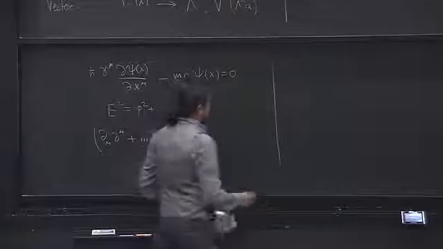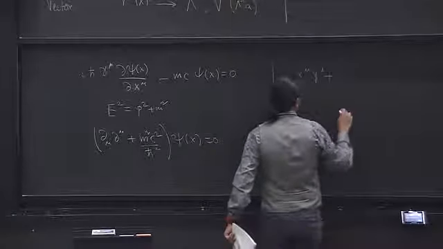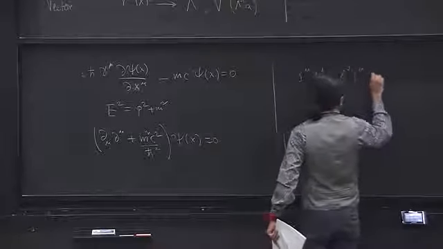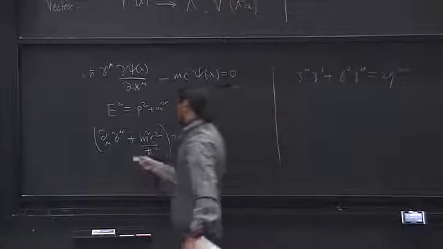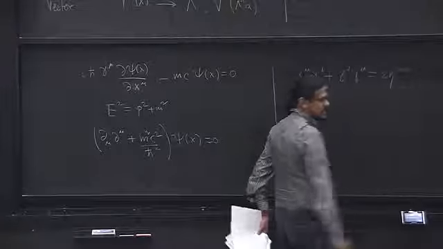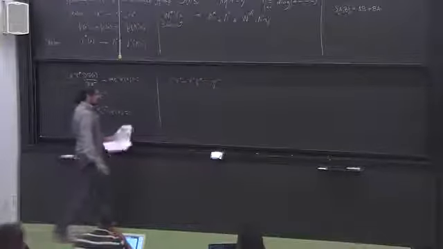If gamma mu's satisfy this. Now, this is like 2 lines of algebra, so I'm not going to derive it for you. But I encourage you that you can show that this equation follows from this equation if the gammas satisfy this algebra. And that is how Dirac derived the Dirac algebra. And there you go.